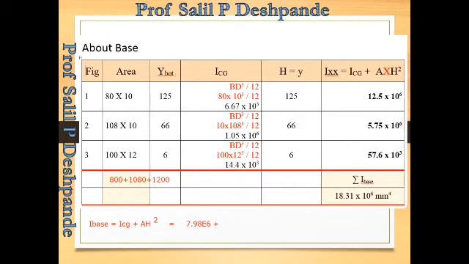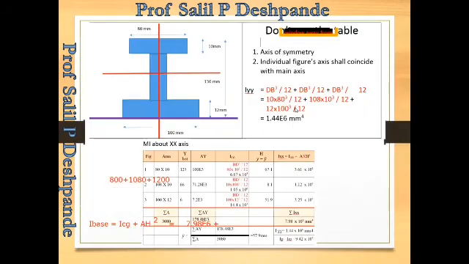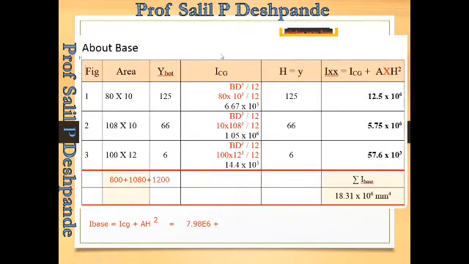एच इज गोइंग टू बी वाय बार फ्रॉम द बॉटम, विच आय हॅव ऑलरेडी कॅल्क्युलेटेड इन माय सम. इकडे आपण टोटल एरिया पण काढलेला आहे आणि वाय बार पण काढलेला आहे. टोटल एरिया इज 3080 and this is 57.9. 3080 into 57.9 square.